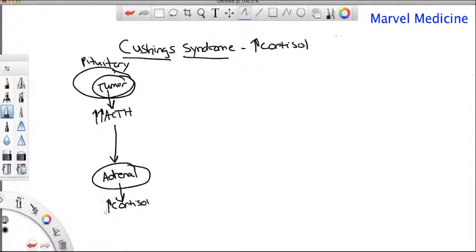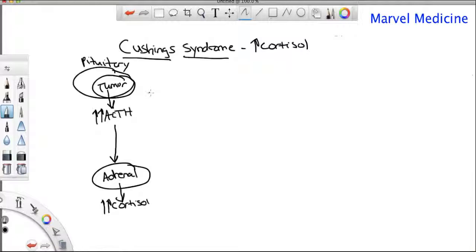But a lot more of it, right? Because there's no real control here. This tumor, all it knows is, okay, my only job is to produce ACTH. It's an ACTH producing factory, and that's all this tumor is doing. And it's going to the adrenal gland, causing cortisol to build up more and more and more. Okay, and it's causing the same syndrome that I talked about earlier.